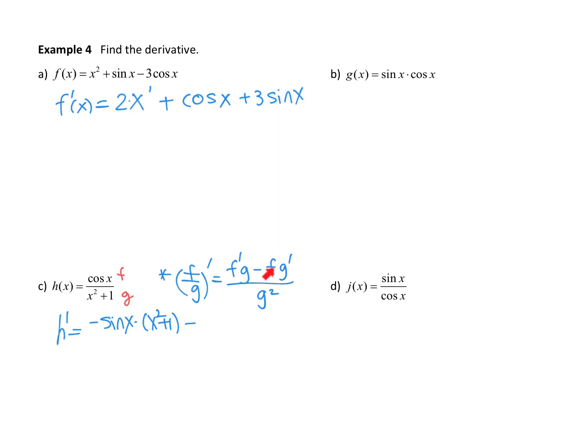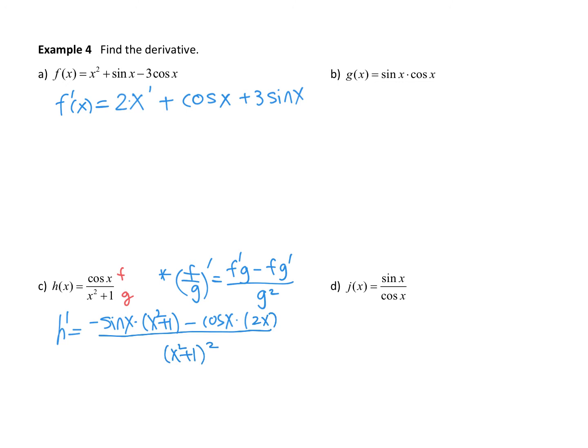And then I have just the top, no derivative, times the derivative of the bottom. So I write cosine x times the derivative of the bottom. Bottom is x squared plus 1. The derivative is 2x plus 0 because the derivative of 1 is just 0. So just 2x. Okay. All over the bottom part squared.